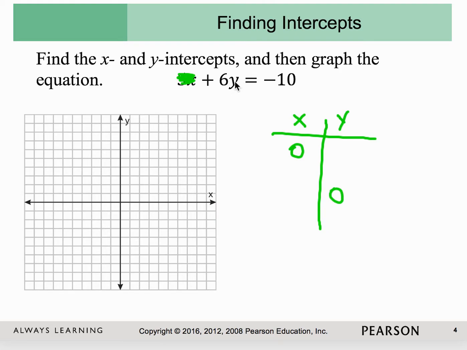Just use my method. One-step problem. Okay, so y is negative 10/6, both of them are divisible by 2, so negative 5/3. Now, if I'm graphing, I might want to change that to a mixed number just so I can tell where it's going to fall on my number line.